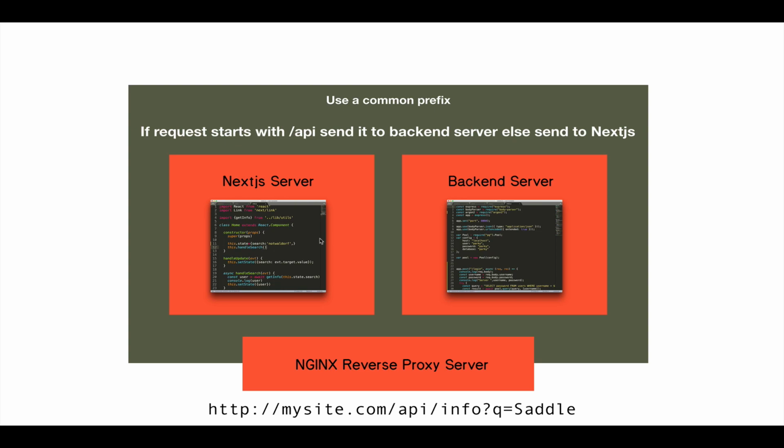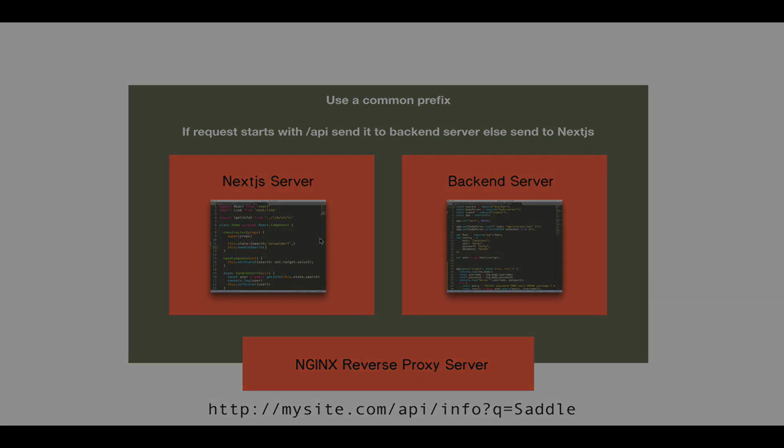So we're going to use this rule to decide where to send these requests, whether it's the backend server or the front end server. So that's the goal. All right, so let's fix the CORS problem, work in development, and move on from there.